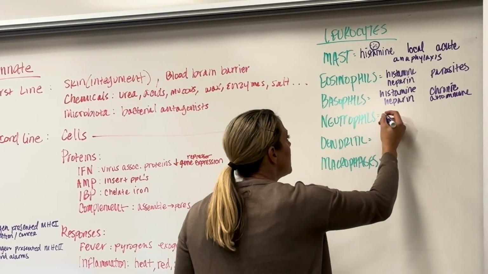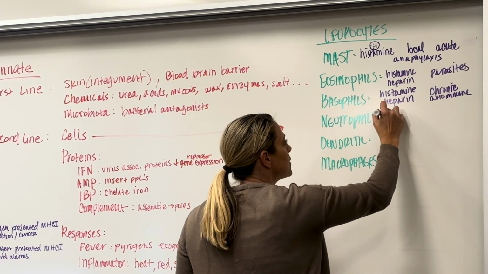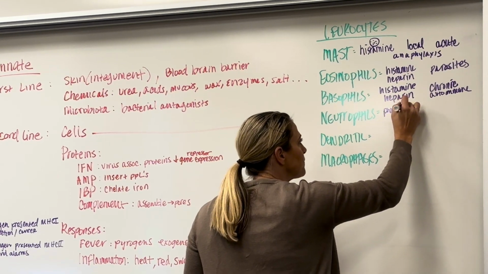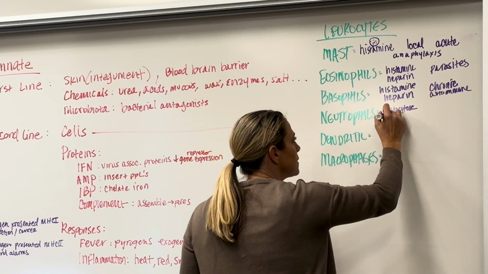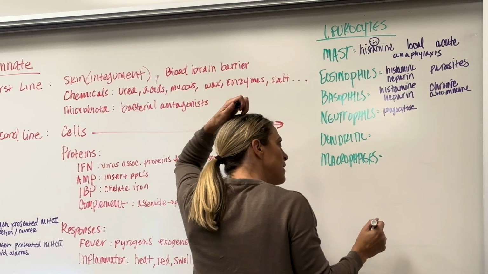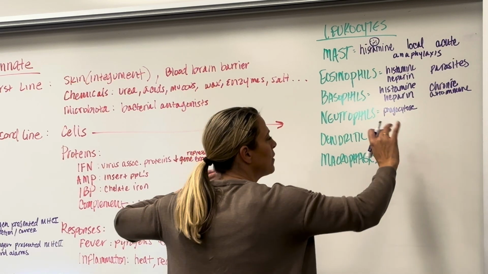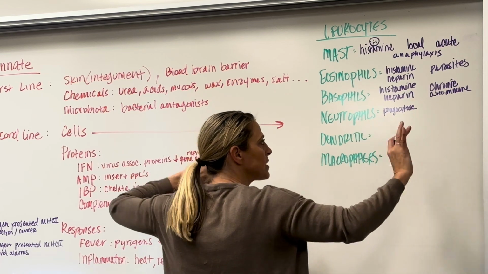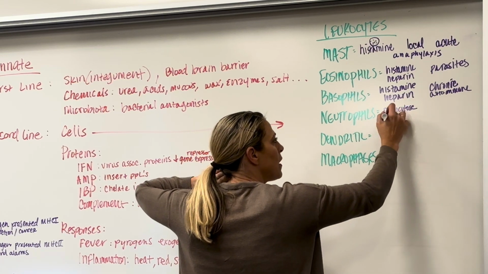Okay, and then neutrophils, what do they do? They phagocytose. Neutrophils are kind of in that weird gray area. They phagocytose, but I don't really love to call them professionals, so I'll just leave them out of the story.